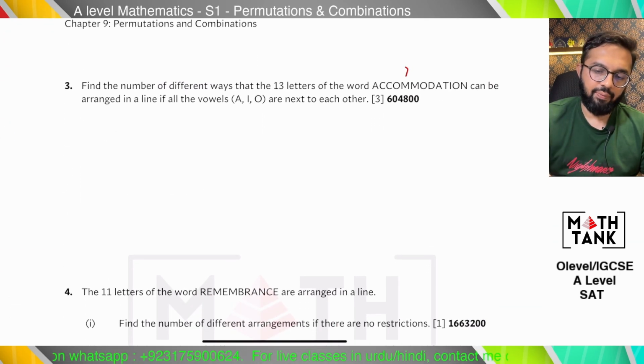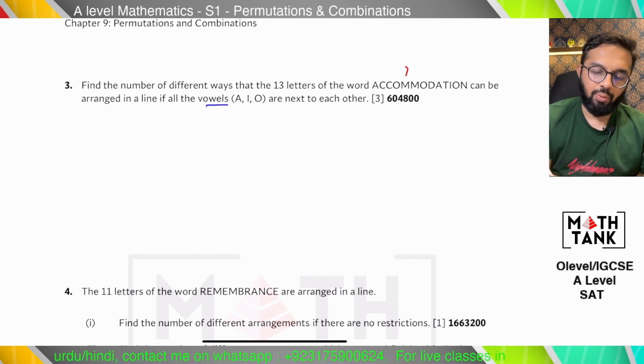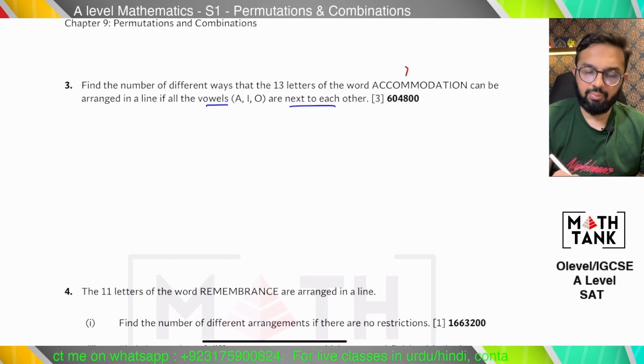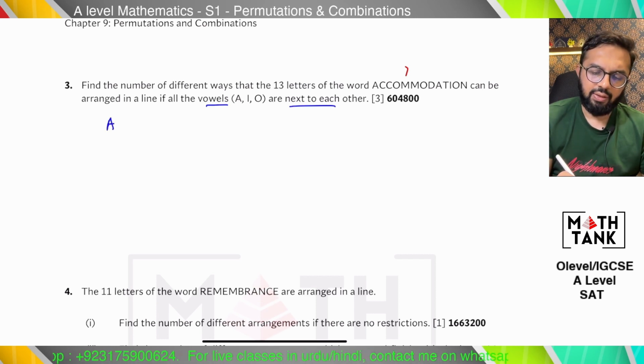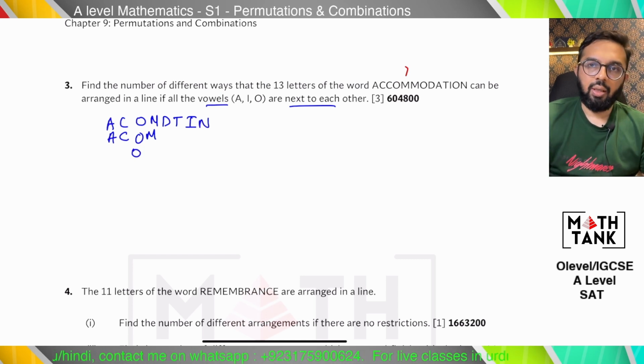Let's find the number of different arrangements of the letters. 13 letters of the word accommodation can be arranged if all the vowels are next to each other. So that means that they are together. First, I'm going to write accommodation. Okay.